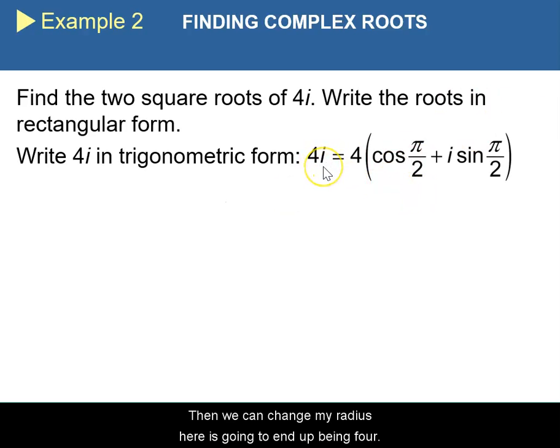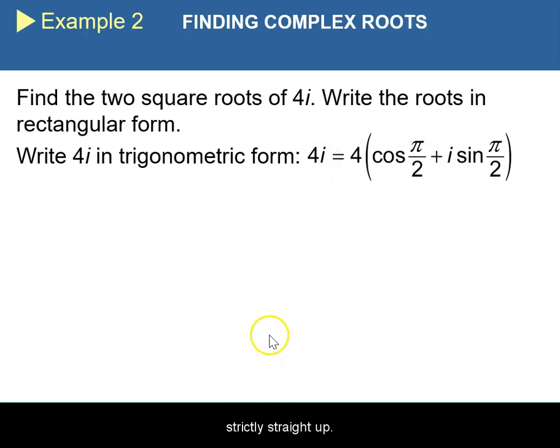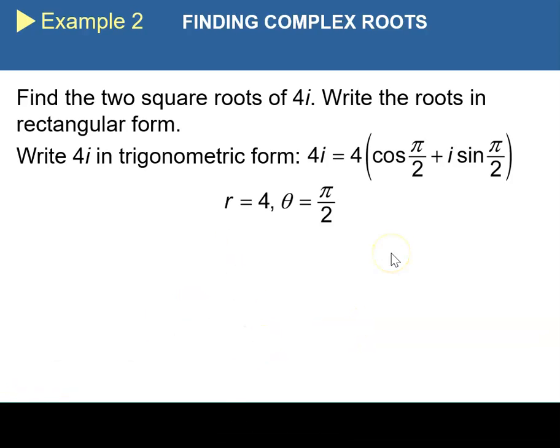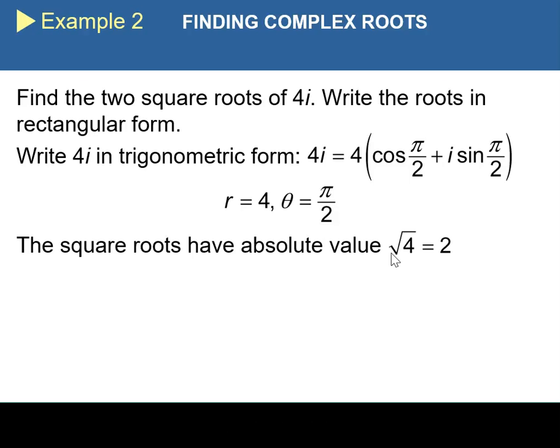So my radius here is going to end up being 4, and the angle it creates is pi over 2, because this is strictly straight up 4 units on the imaginary portion of the complex number plane. So it has a radius of 4, and the angle is pi over 2, a 90-degree angle. Radius is 4, theta is pi over 2, and we want the square root, so there's going to be 2 roots. So we're going to follow our formula.